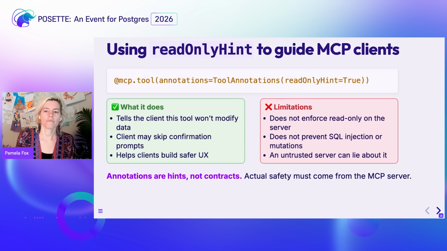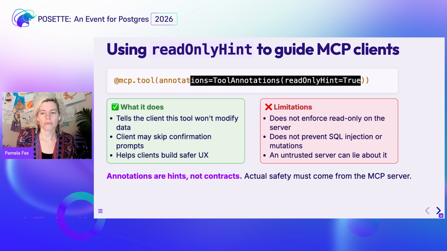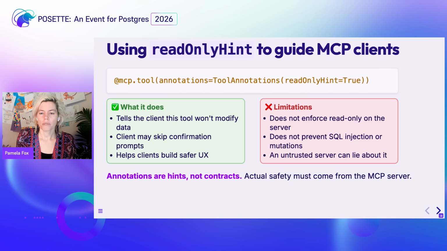So how do we enforce the read-only? The first thing is we have that read-only hint. You saw that that was on the MCP tool. Read-only hint equals true. This is something that's in the MCP spec where tools can be decorated to describe how they work. So there's like read-only, idempotent, destructive, etc. So in this case, we're saying, hey, this is a read-only tool, but it is only a hint.